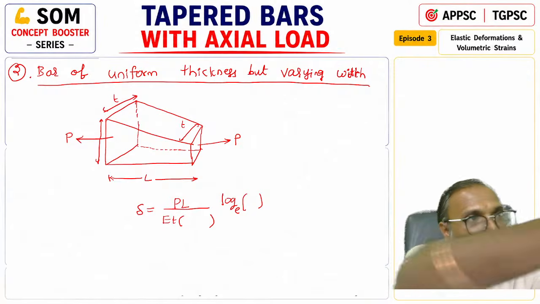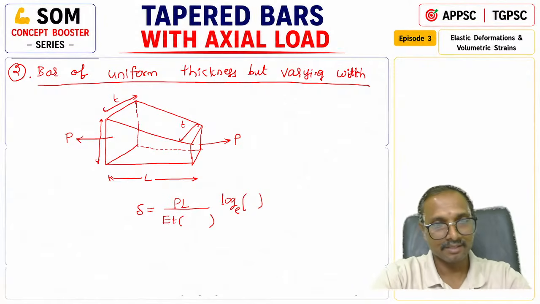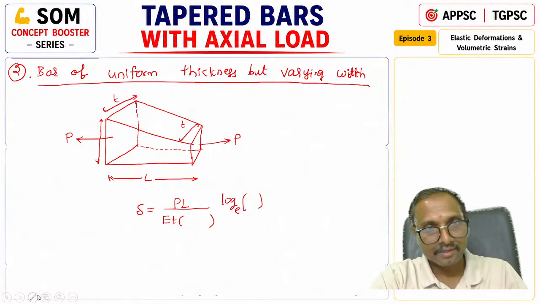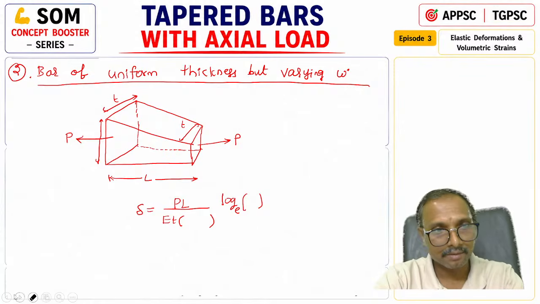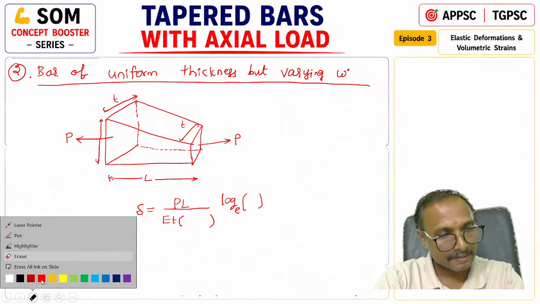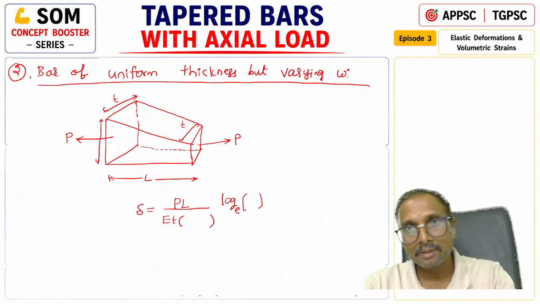Varying width, that is not varying width. Shall we use b1 b2 or capital B small b? Tell me someone.